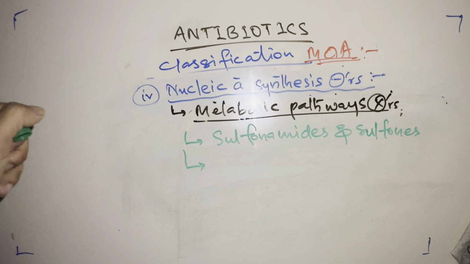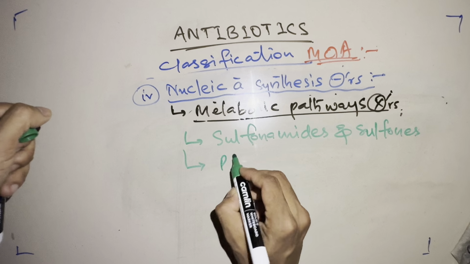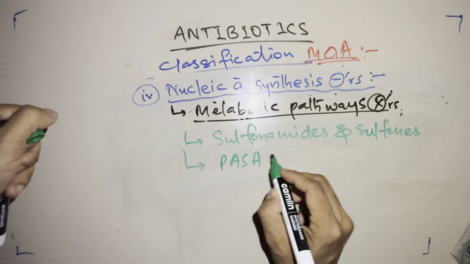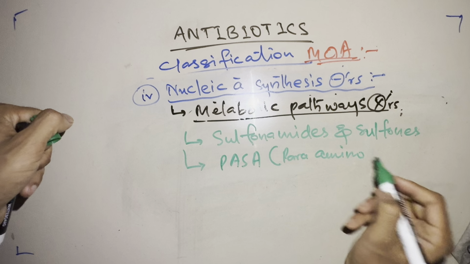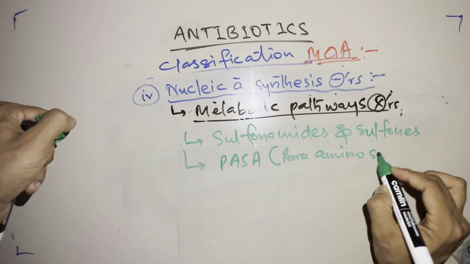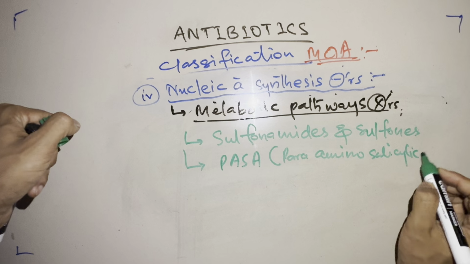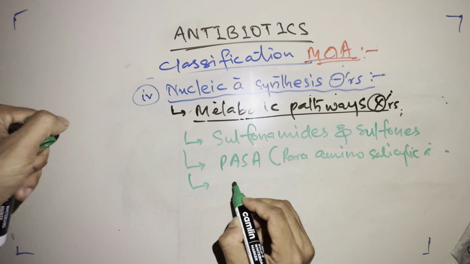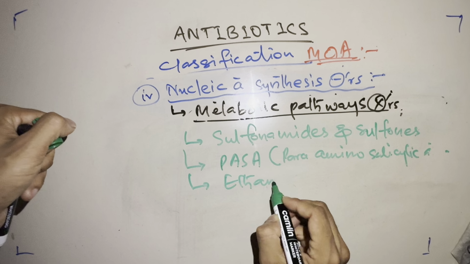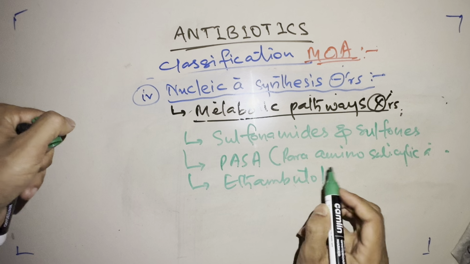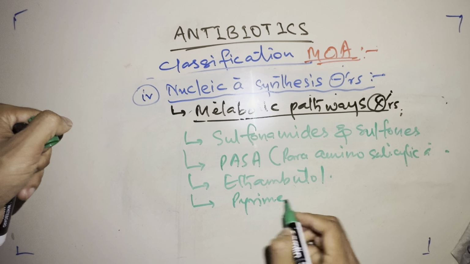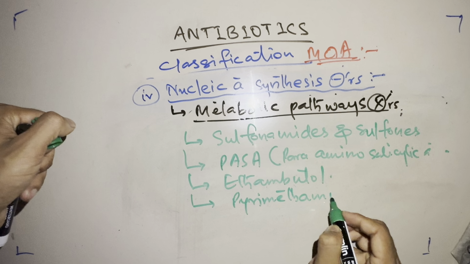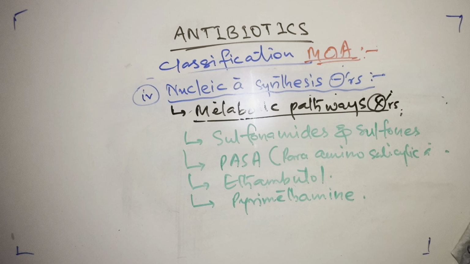Sulfonamides and sulfones. Okay. Next, you can also use PAS. PAS means para-aminosalicylic acid. Next, ethambutol. Next, pyrimethamine.